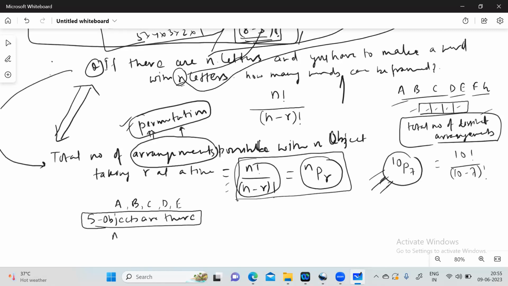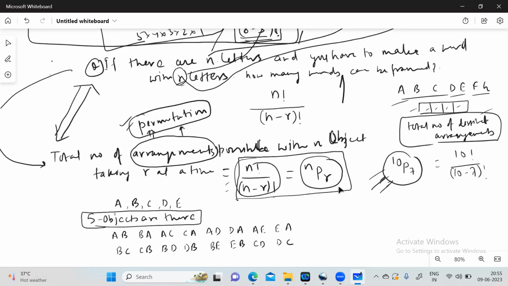So you can write AB, BA, AC, CA, AD, DA, AE, EA, BC, CB, BD, DB, BE, EB, CD, DC. I'm just writing all the arrangements possible, taking two at a time.